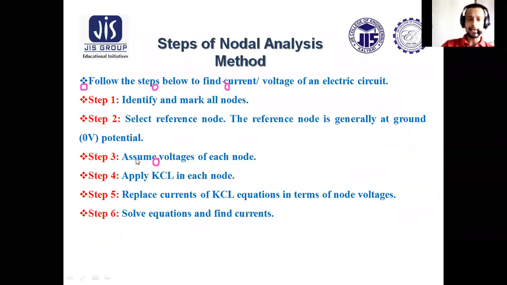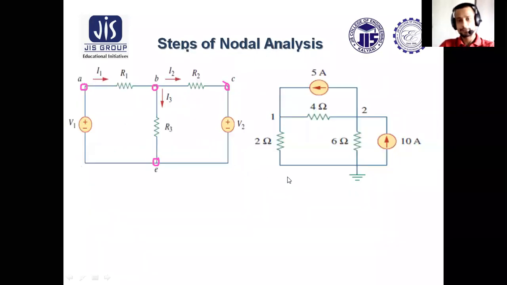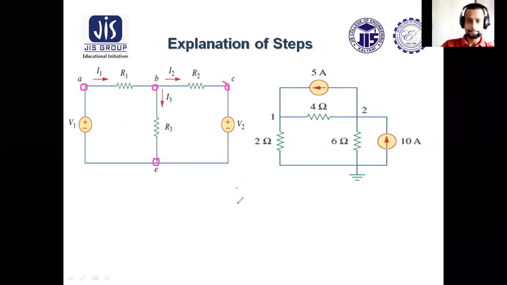Now the next point is to assume the voltage of each node. So what are the voltages of each node? How can we assume that? See, suppose this is one independent source having 5 volt. So this is at ground potential.